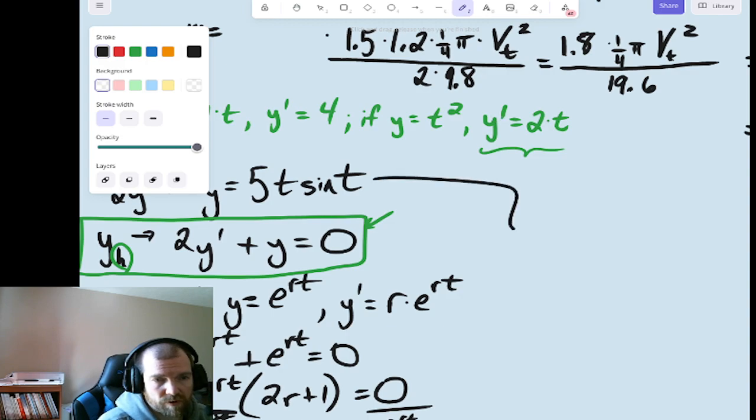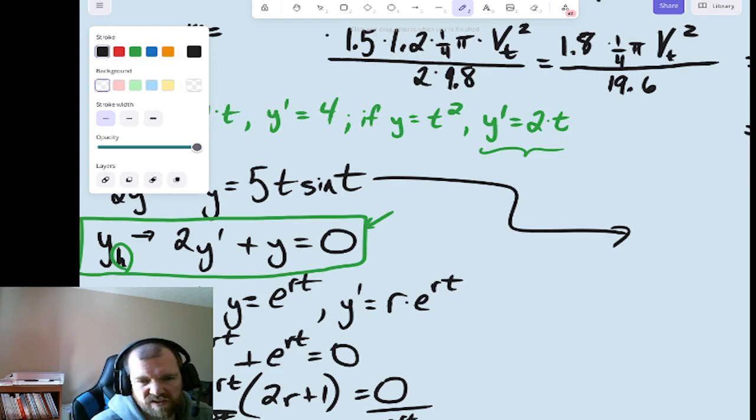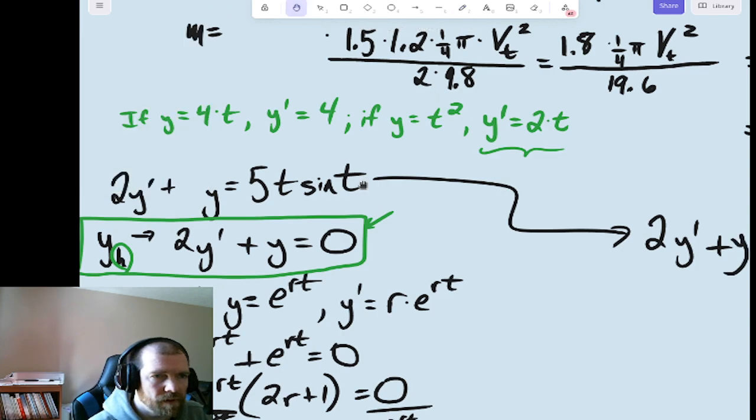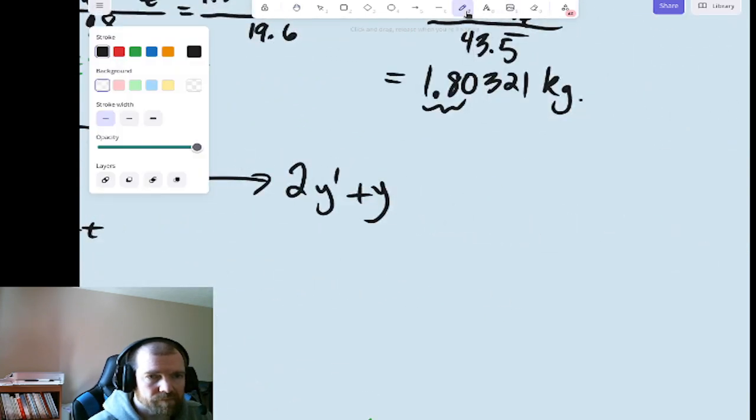And so no breaking into homogeneous and particular is necessary. I think it's more fun that way, and I tend to get better answers. But it's not strictly necessary.